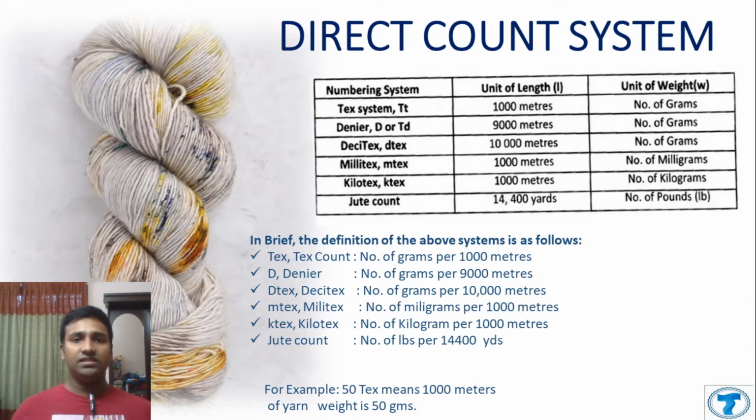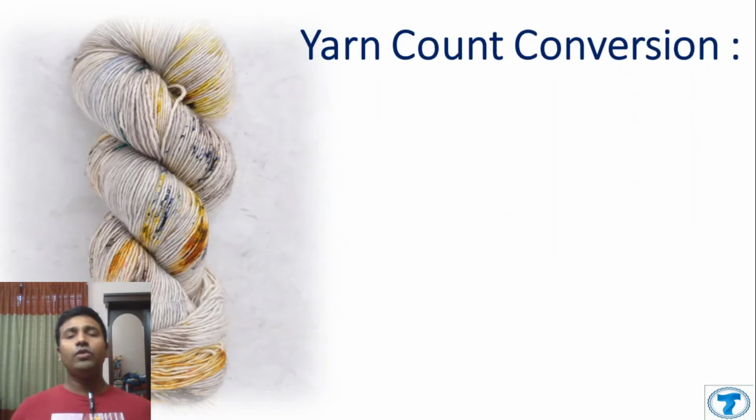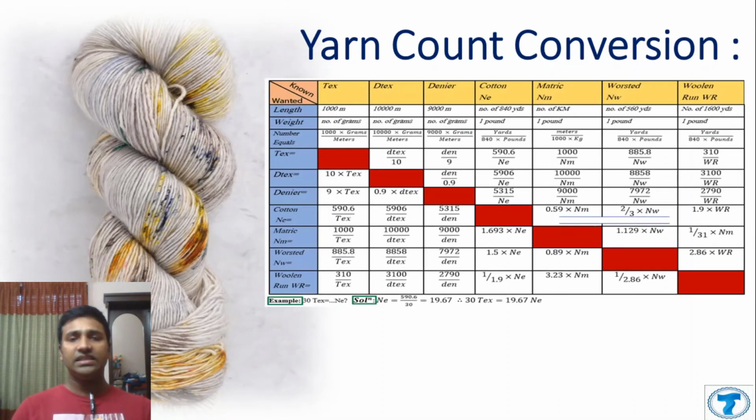If you want to convert a count from one system to another, that is very easy. You need to follow a table. You can see a table over there. So how does it work? If you want to convert 30 tex into Ne, that is the English count, you need to follow the formula for Ne to tex, and the formula is 590.6 divided by tex.